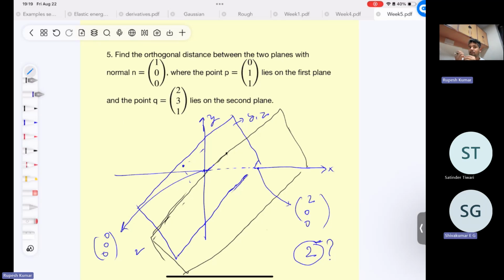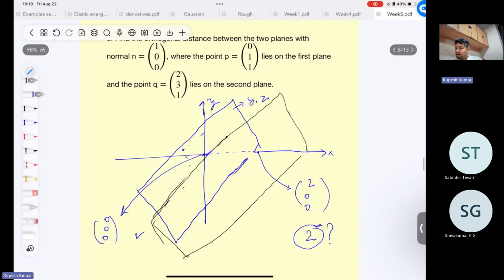So both of them have the same vector, which is orthogonal to both the planes. Now, if the normals are the same, this means they are parallel. These conditions are met, they are parallel, right? We agree with this. And the difference in the x-axis is 2 minus 0, which is 2. So you're telling the distance between the two planes is 2. Right. So no need to calculate anything, just understanding geometrically, you can get to the answer. Okay, thank you.